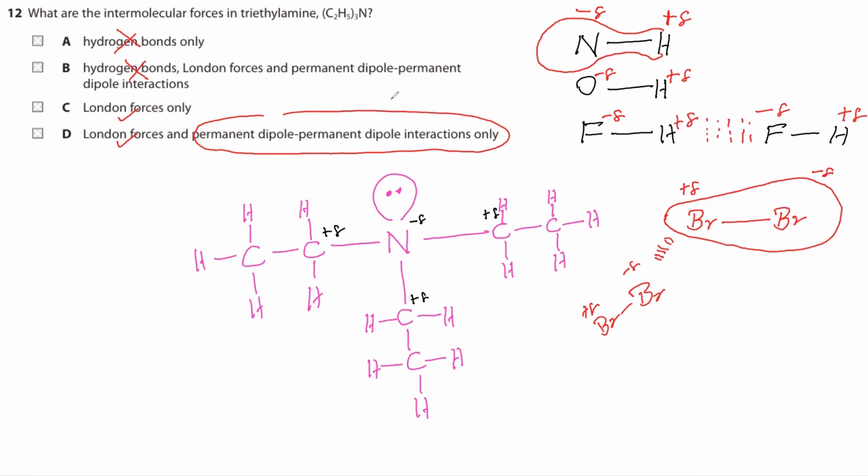If you take another triethylamine, the nitrogen is minus delta and the carbon atoms have plus delta. So here also you have C2H5, here also you have C2H5. Then this plus delta carbon atom gets attracted to this minus delta nitrogen. We call it a permanent dipole-dipole interaction. So therefore in this triethylamine you can have London forces as well as permanent dipole-dipole interactions. Therefore question number 12, my answer is D. Right.